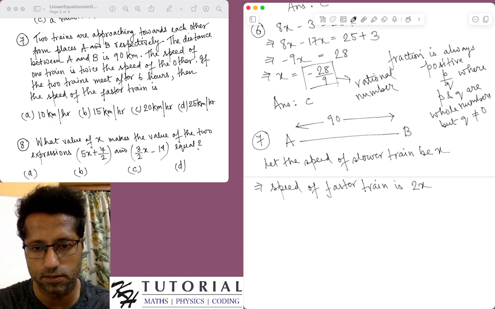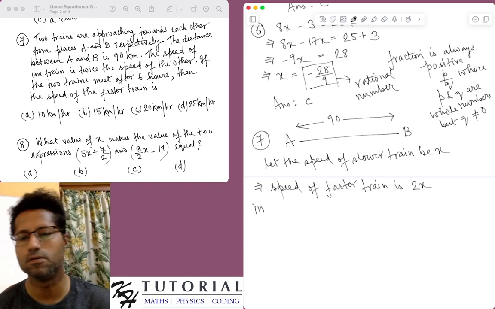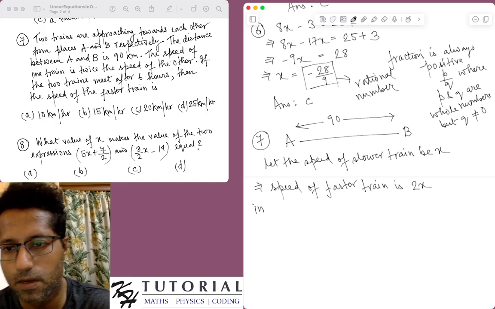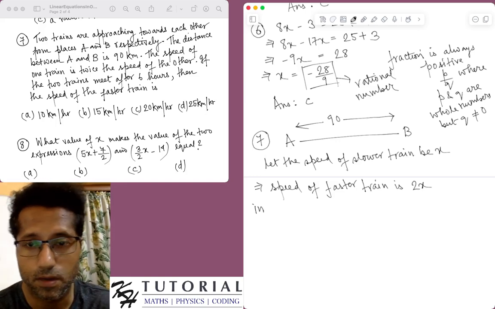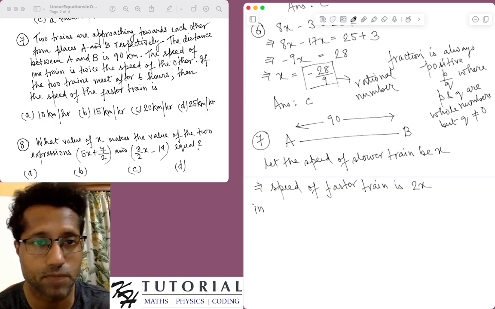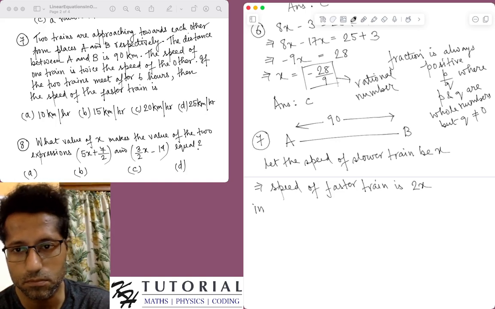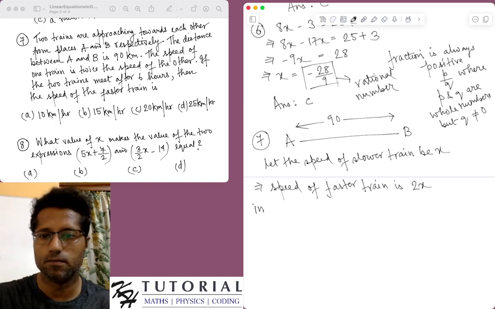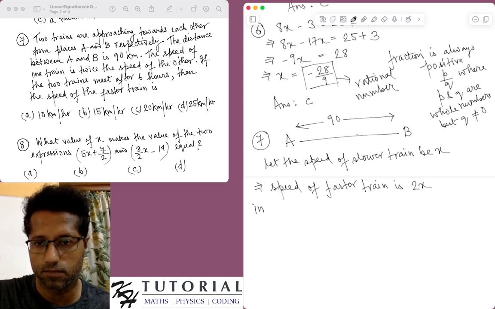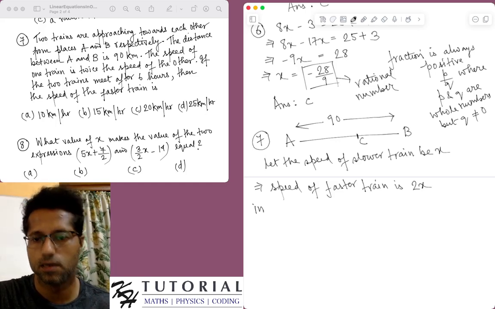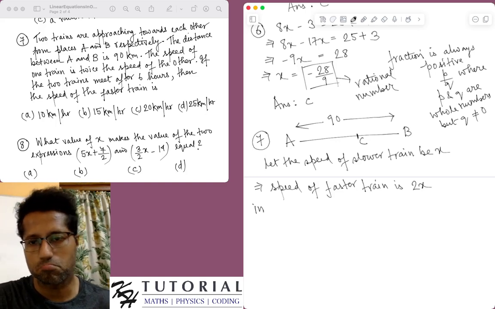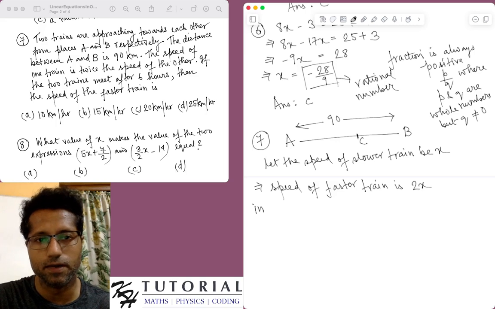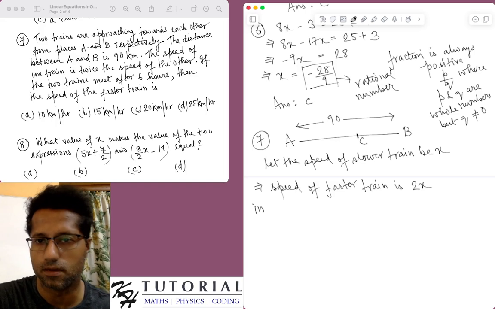So let's see, after 6 hours, the distance traveled by the trains approaching from A and B will be equal to 90, because at some point of time, let's say here at point C, they will meet, when they have started approaching from A and B towards each other.